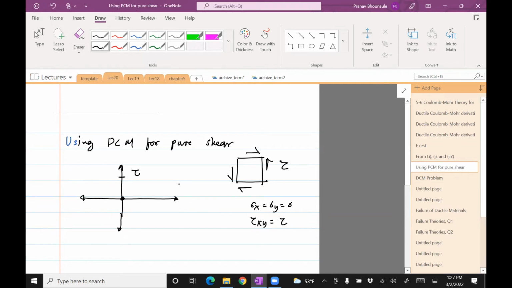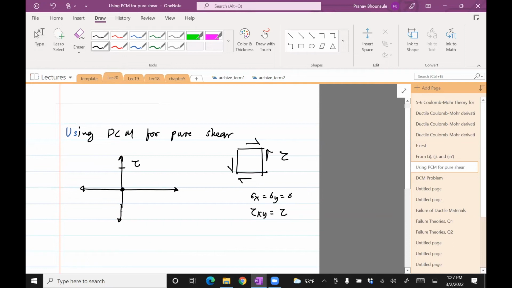The convention is counterclockwise is negative, and that's why this will be phase A, and then clockwise is positive, that will be B. Then you just draw the circle. It's kind of obvious that this coordinate and this coordinate are going to be tau and minus tau, because the radius is tau.